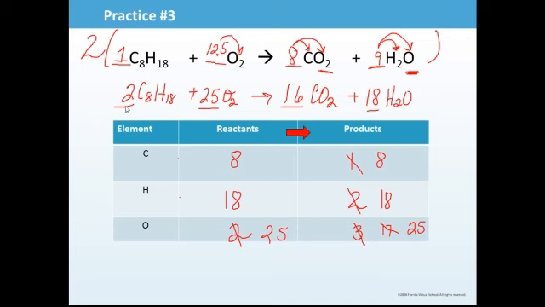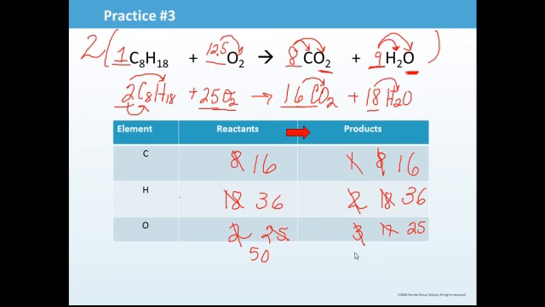Look at carbon. 2 times 8 is 16. Look at this over here. 16 carbon. My hydrogen, 2 times 18 is 36. 18 times 2 is 36. My oxygen, 25 times 2 is 50. And then I have 16 times 2.